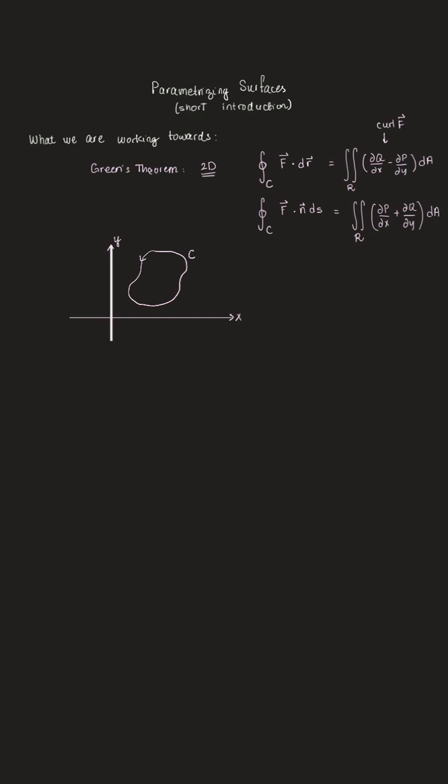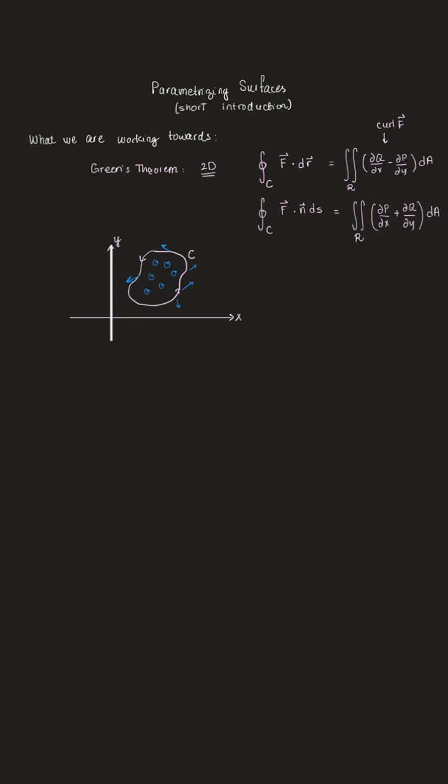If we want to know the circulation of the vector field along the curve, then we can measure the microscopic curl at every single point inside the region. If we find the net sum of all the microscopic curl, that's going to be equal to the circulation on the outside.